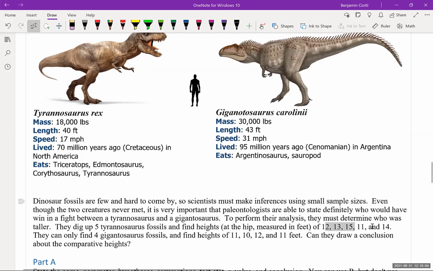These were the ones for the T-Rex. These were the ones for the Gigantosaur. So we're going to do a paired, or sorry, not paired, a 2-sample t-test, to figure out if it's possible to say that one of them was taller than the other.